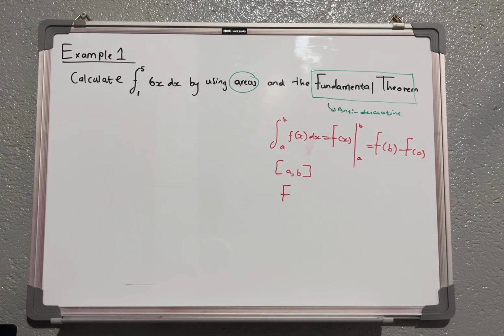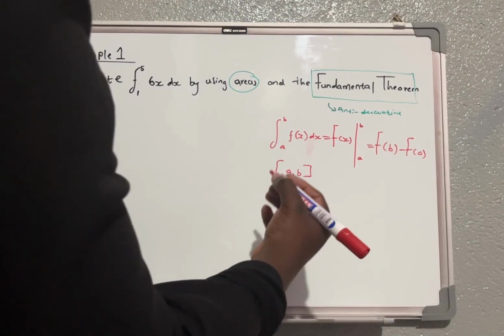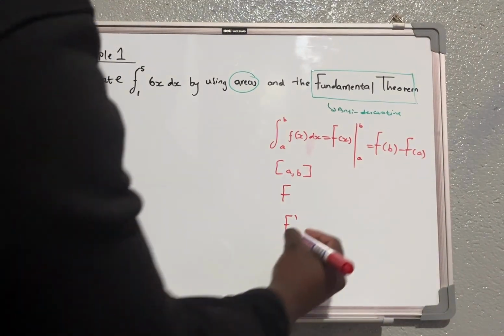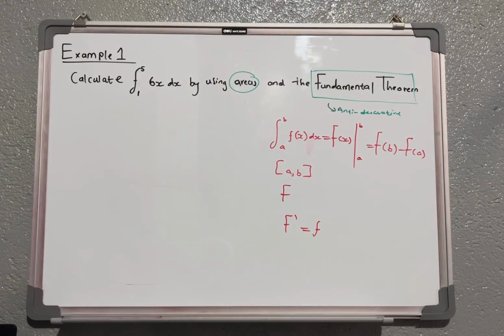Then what are we going to have? It means the derivative of the bigger F is going to be equal to your smaller f.